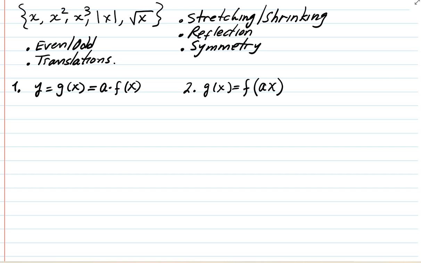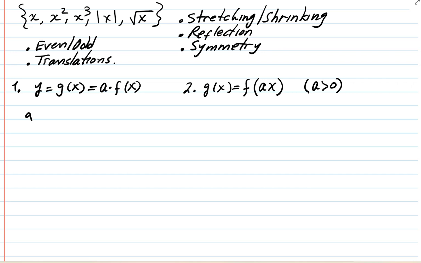For now, we're going to look at it when a is positive. We do take up the case where a becomes negative, the number outside or inside. A negative number on the outside or inside will cause some kind of reflection, and we'll discuss those later.